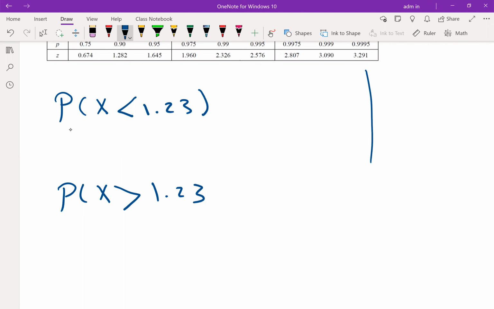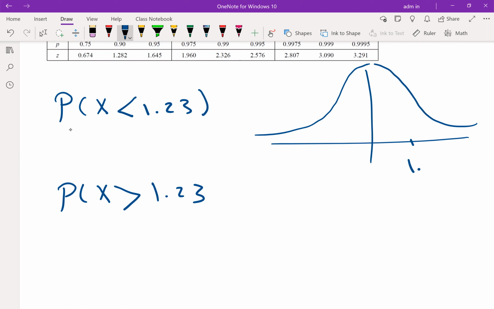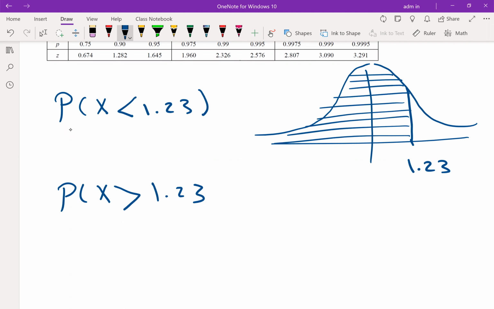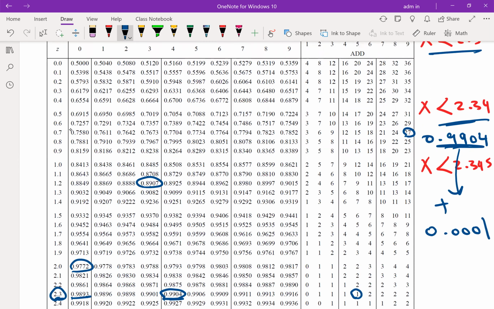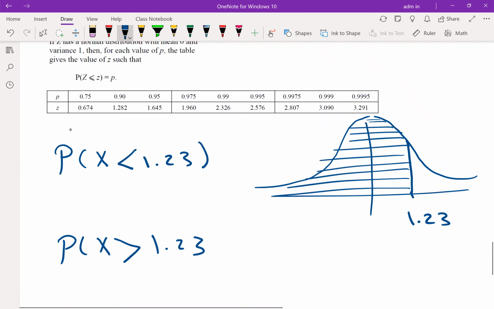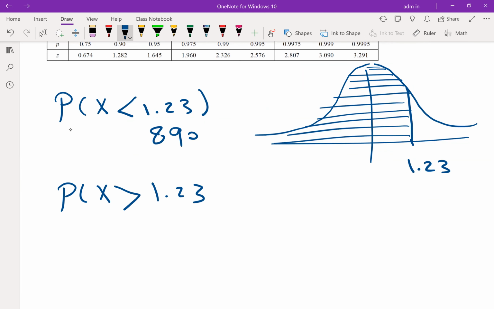Your table is organized to give you the value where x is less than 1.23, directly from the table. 1.2, 1.23, this is the answer: 0.8907.